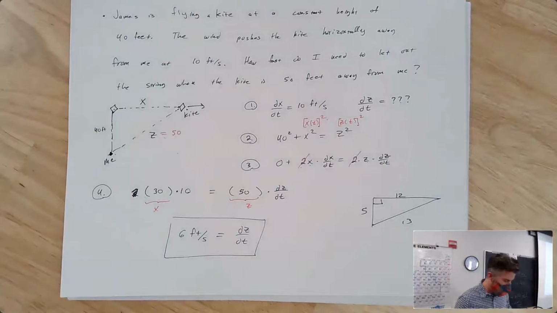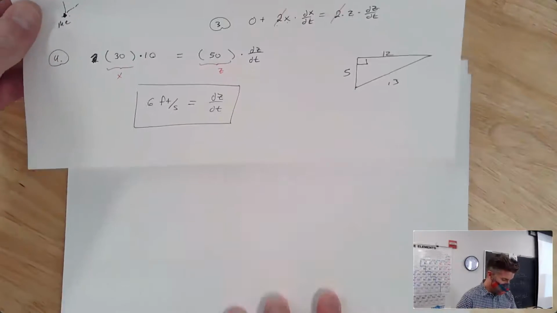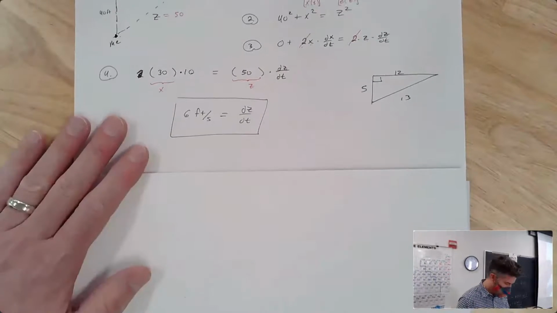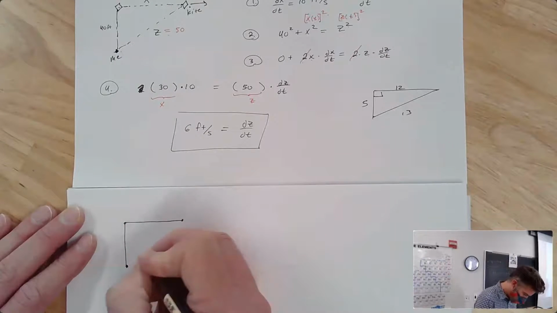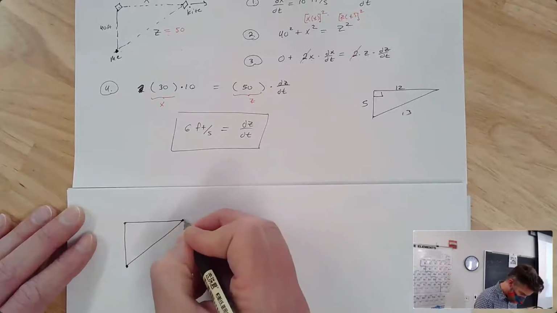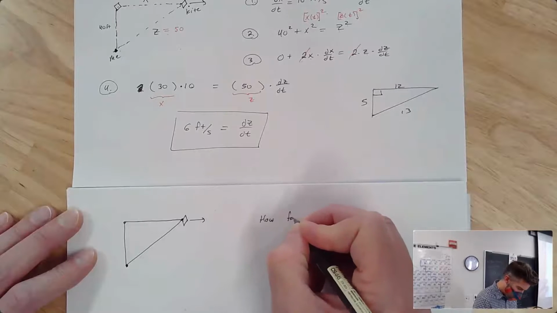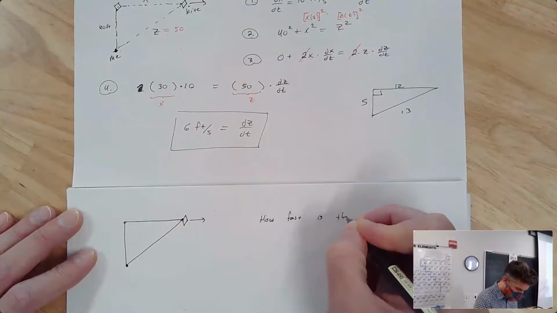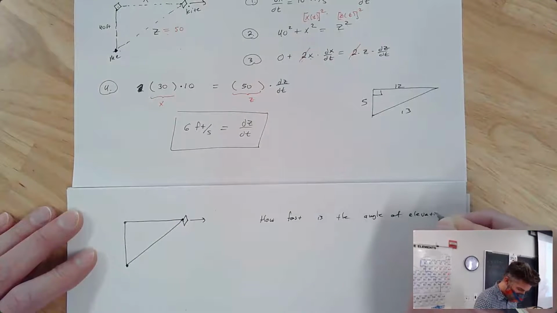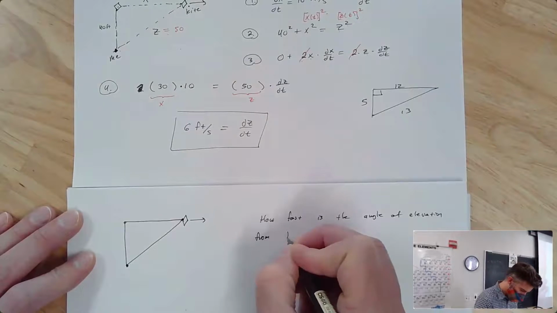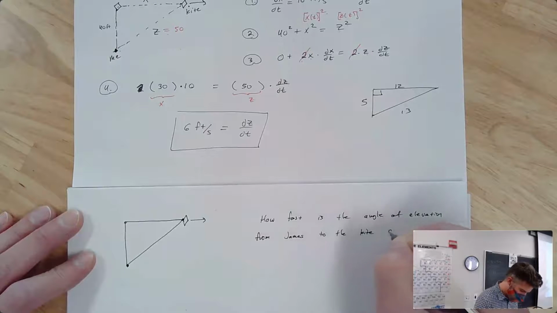But there's a bonus question I want to ask you guys. Same situation, but now I want to know, where the kite is going that way, how fast is the angle of elevation from James to the kite changing?